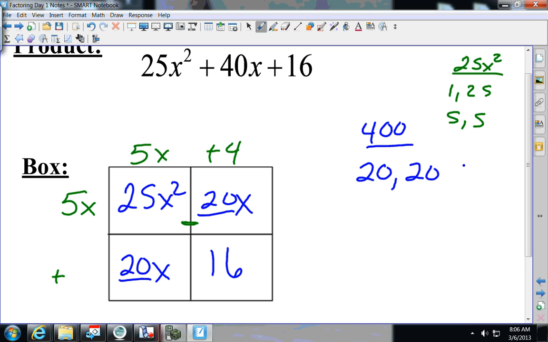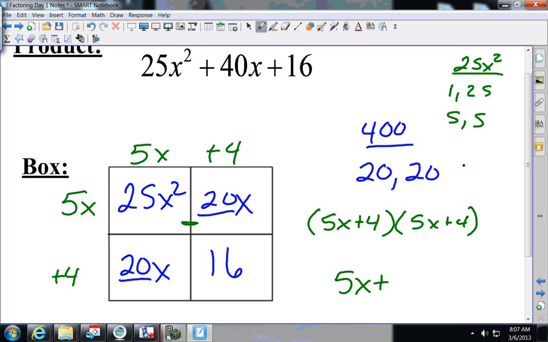Plus 4. So my answer is 5x plus 4 times 5x plus 4. Is there another way I can write that? Yeah, 5x plus 4, the whole thing squared. Okay?